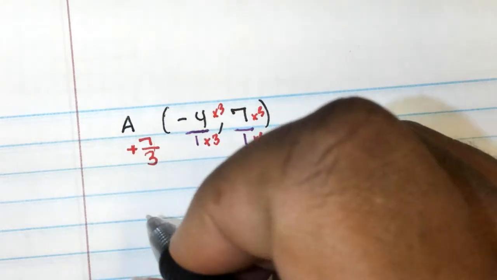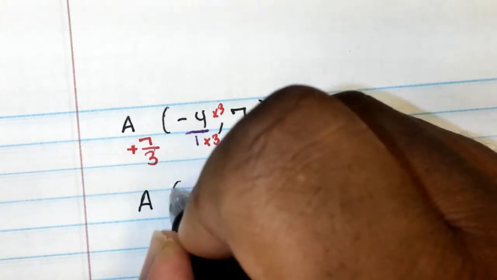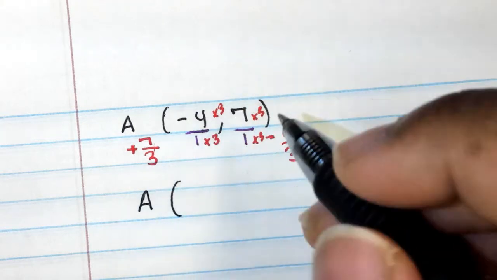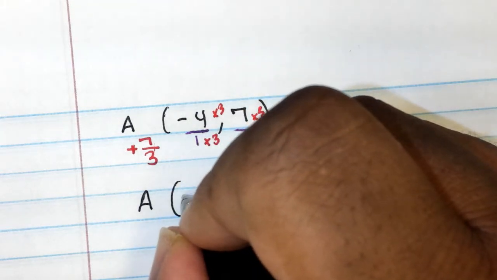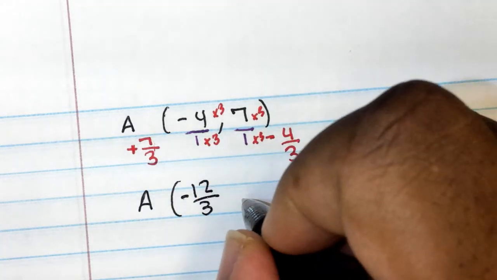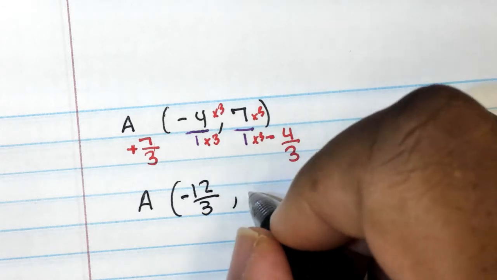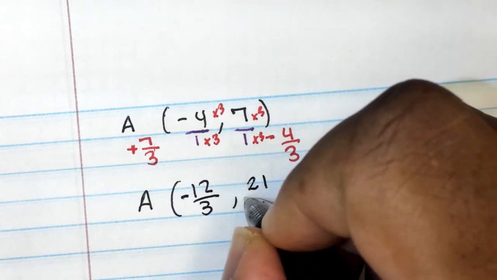I'm going to have to rewrite. So my new fraction for A is going to be negative 12 over 3. And then for the Y value, it's going to be 21 over 3.